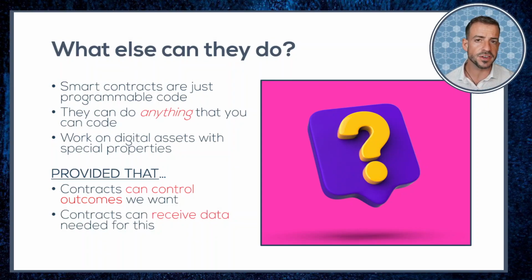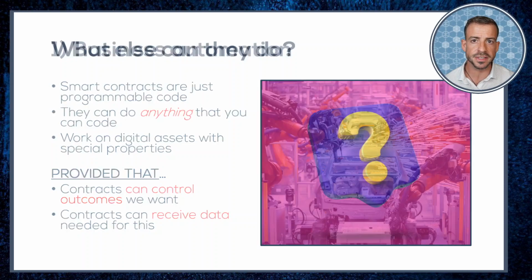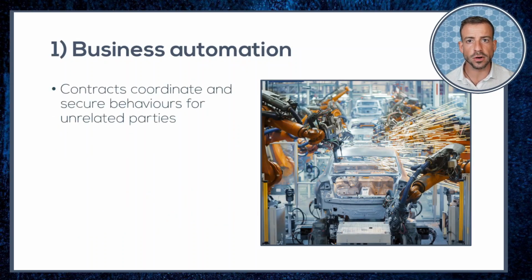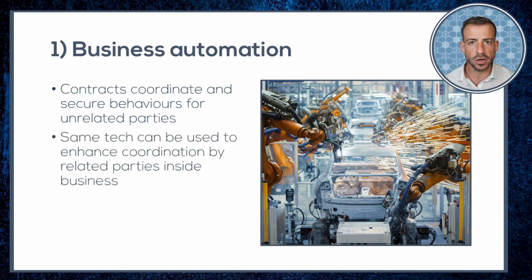The first of these general benefits that we're going to cover is business process automation. We saw that contracting allows us to automate and to reduce risks in a business's dealings with external parties. But we can use smart contracts to achieve similar results within a single business, to automate and more tightly coordinate separate and distinct processes within that enterprise.